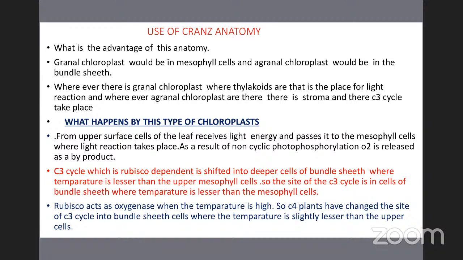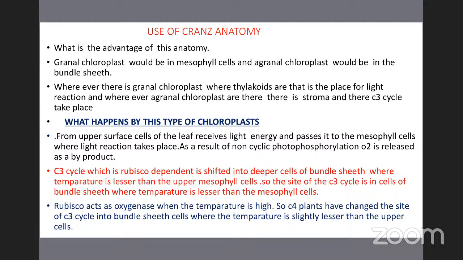In the presence of light, one H2O molecule dissociates, or splits, into H plus and OH minus. Further, this OH minus splits into oxygen, protons, and electrons. And these electrons are shifted to pigment system 1 to replace the electron loss.